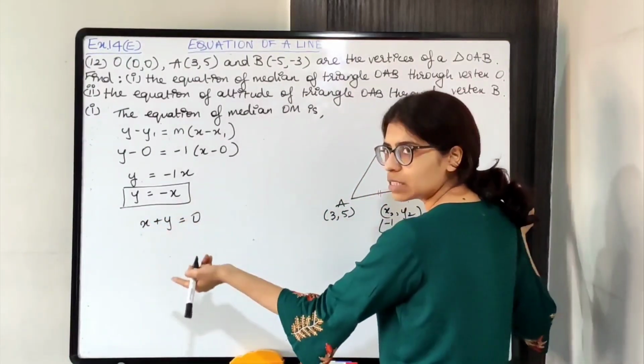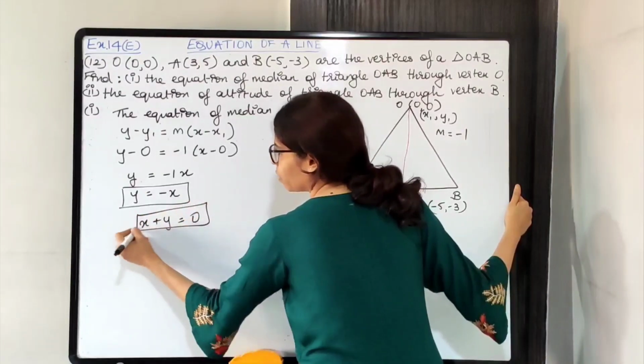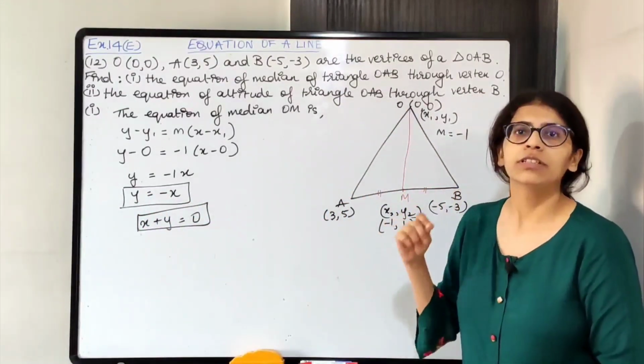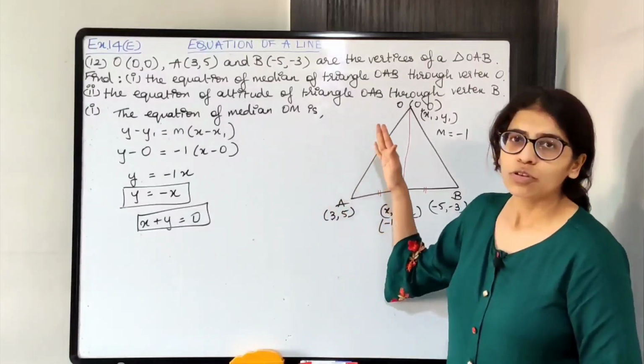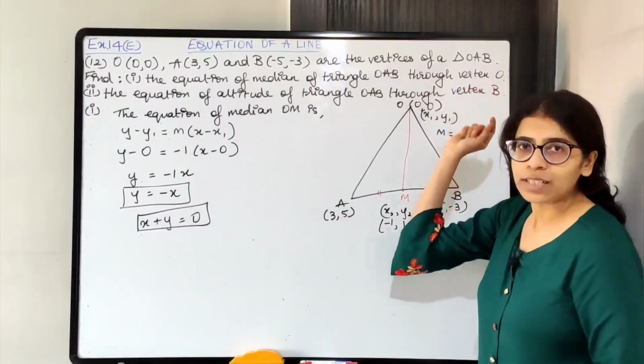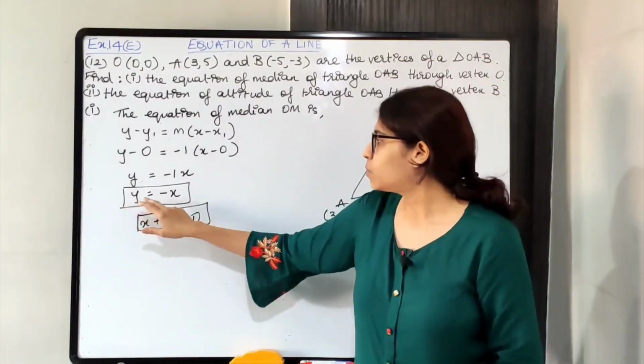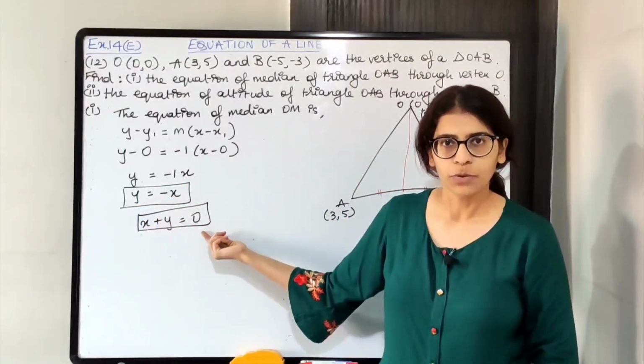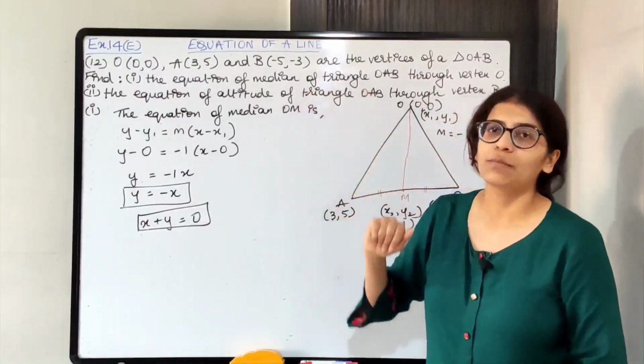You can consider this also as equation of OM. कोई भी एक consider करो, box कर दो and write down the statement. The equation of median of triangle OAB through vertex O is y equals to minus x or x plus y equals to 0. Okay. Now moving on to second part of the question.